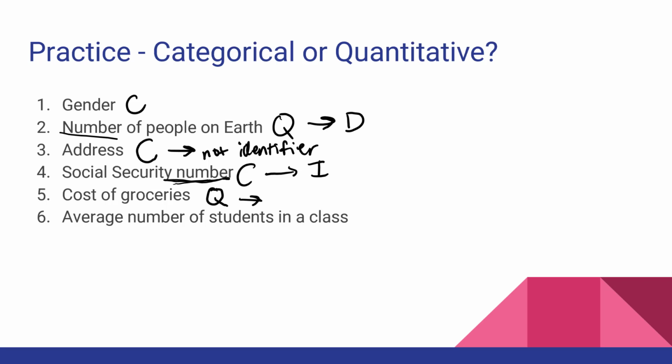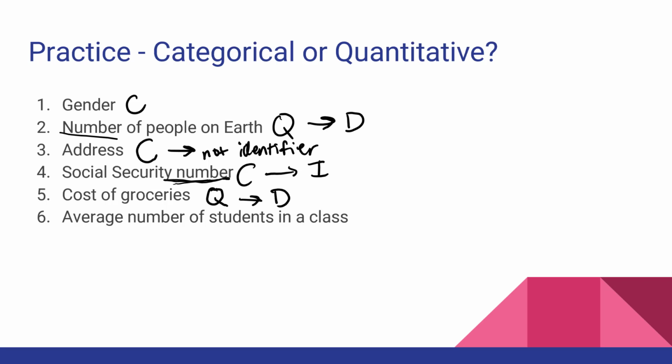So this one's a little bit harder because you know that the cost of groceries can go into decimal places, but there's only a set number of decimal places that your cost can go into. So generally speaking, we only go to 2 decimal places when we talk about money, so you can count that out. So 1 cent, 2 cent, 3 cent, 4 cent. So that creates a set category of numbers to go through for outcomes of cost of groceries. So that makes it discrete.